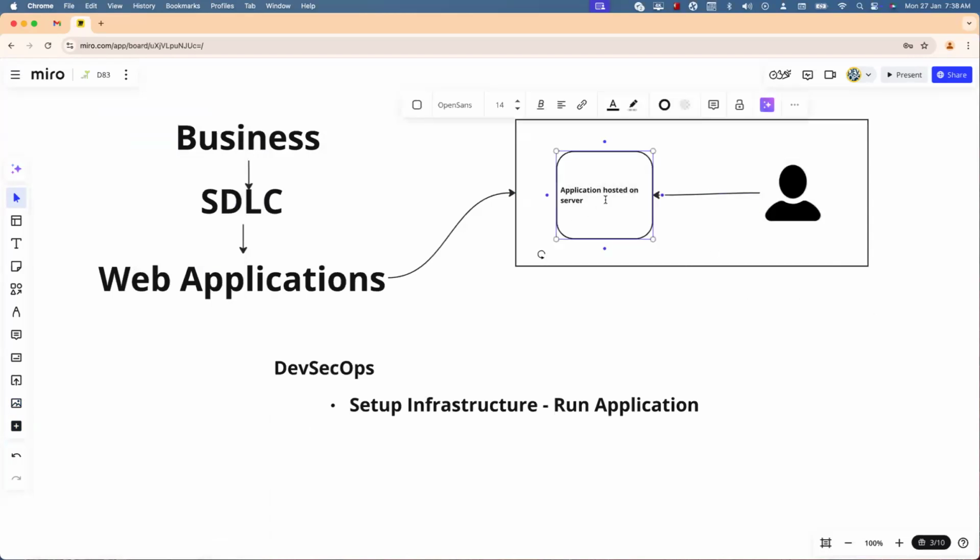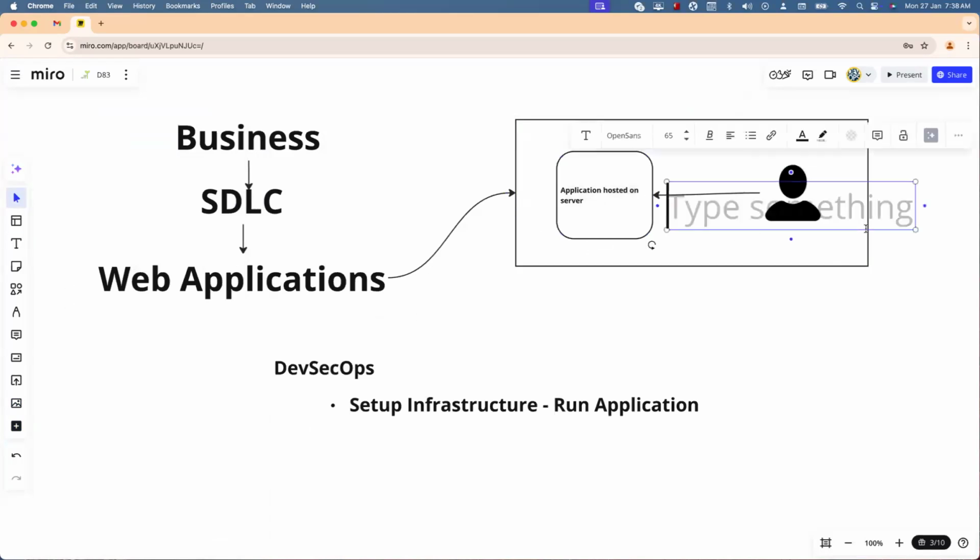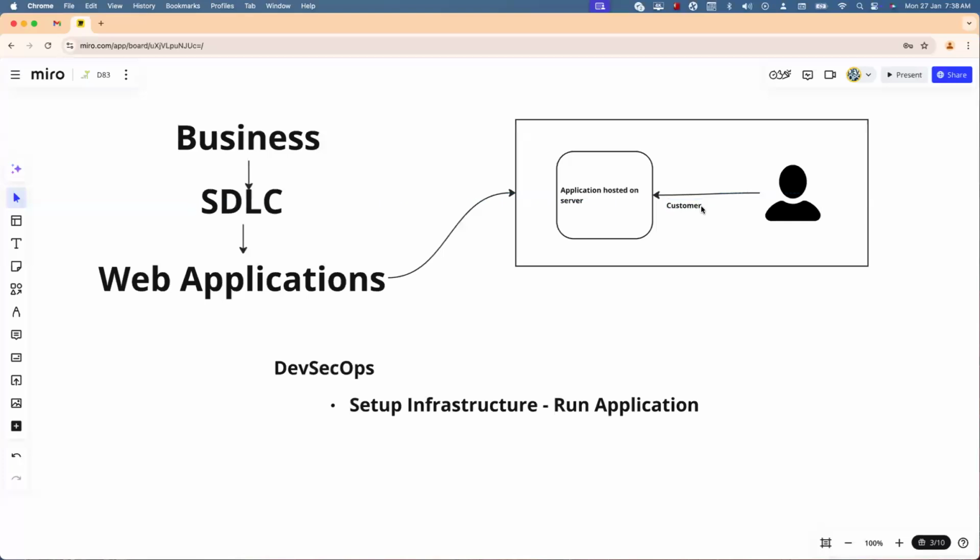So the application is hosted on a server, and here the customer is going to access it. This is the picture of what we actually do when you look from some 10,000 feet.